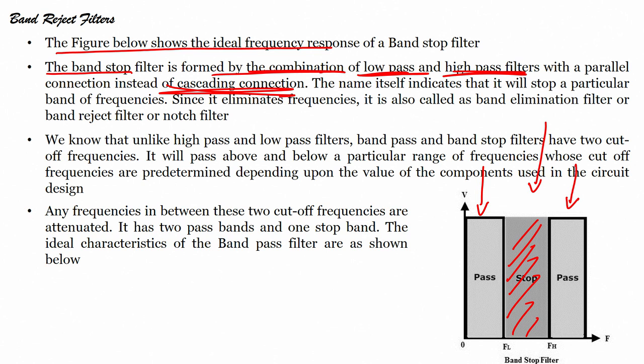The name itself indicates it will stop a particular band of frequency. Since it eliminates frequency, it is also called band elimination filter or band reject filter or notch filter, you see. So, it has a lot of names, right. What are the names?